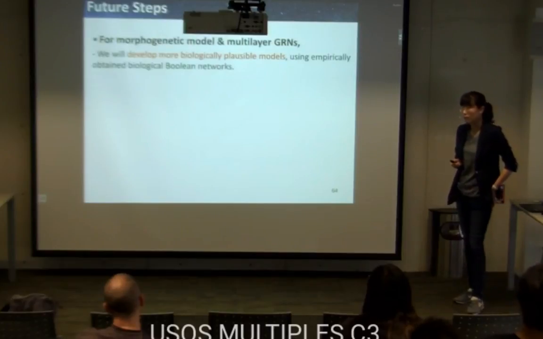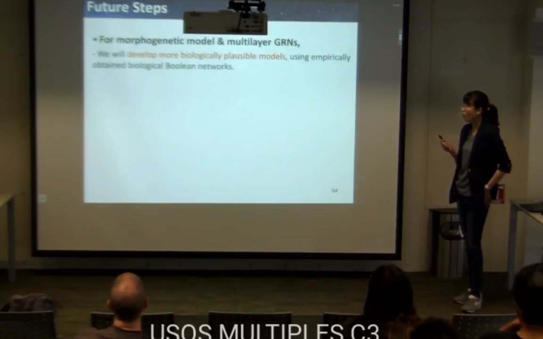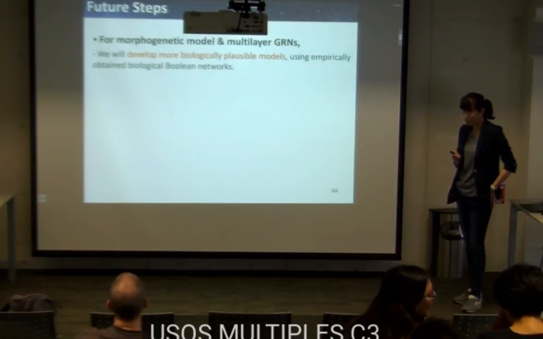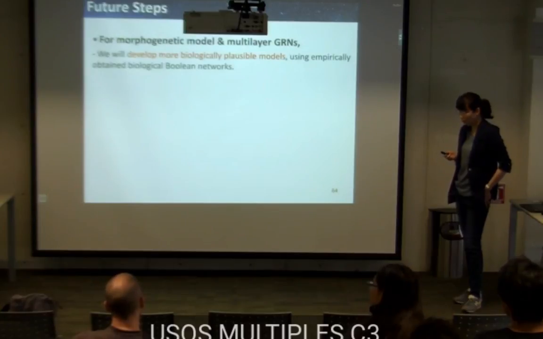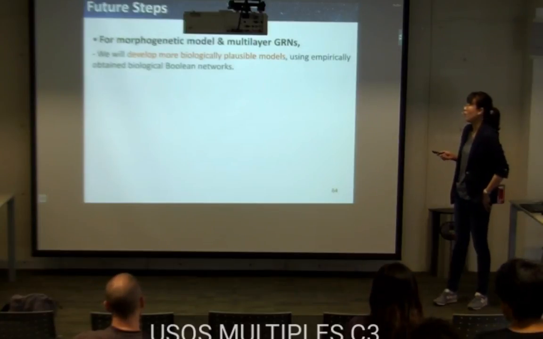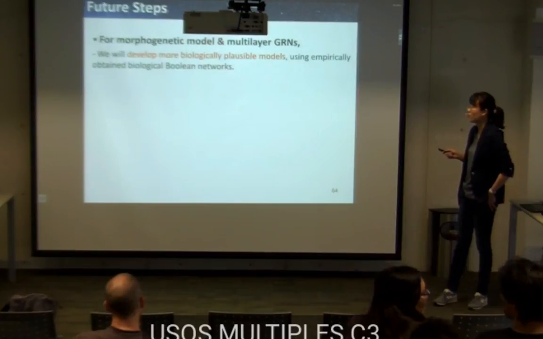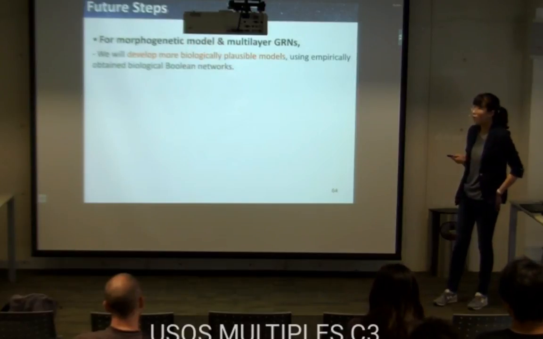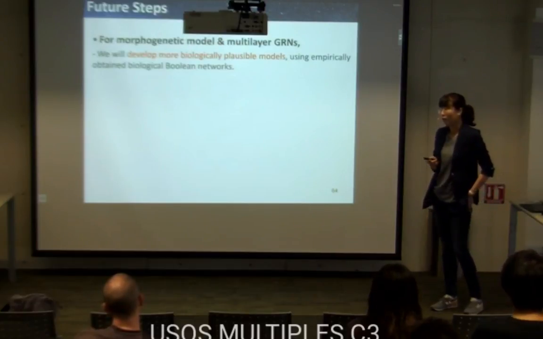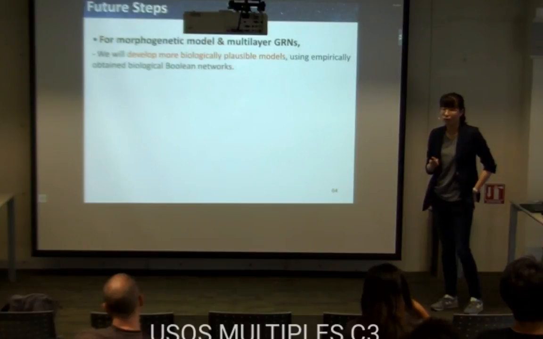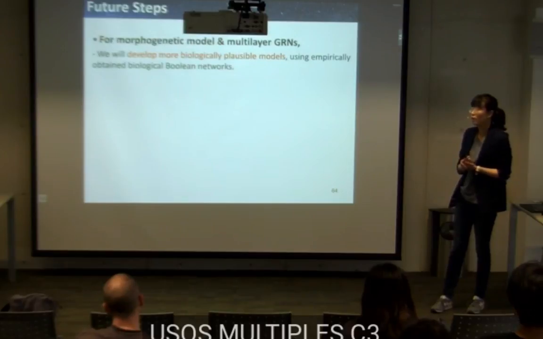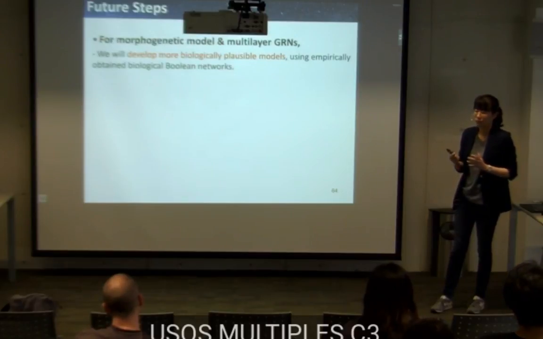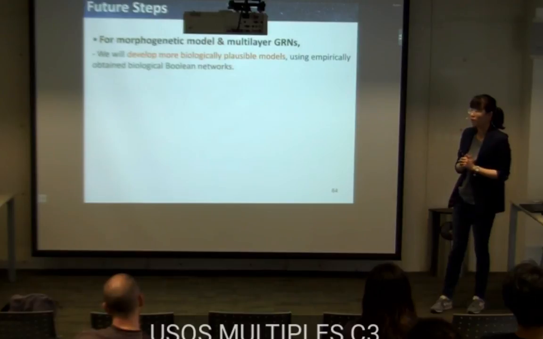Our study has limitations. We developed artificial models using random Boolean networks as GRNs. So we are planning to develop more biologically plausible models. For example, for the morphogenetic model, we could use the metabolic Boolean network of a cancer cell, and we can add microenvironmental factors such as nutrient or oxygen gradients.